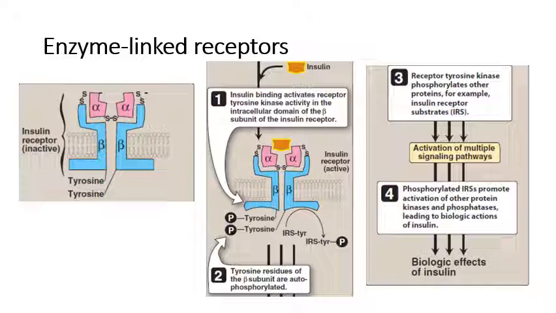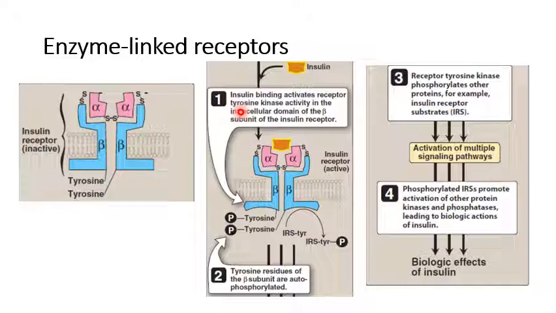An example for this type of receptors is the insulin receptor, which is occupied by insulin. Insulin binding will activate receptor tyrosine kinase activity, which is the enzyme that we said is linked to the receptor in the intracellular domain of the beta subunit of the insulin receptor.